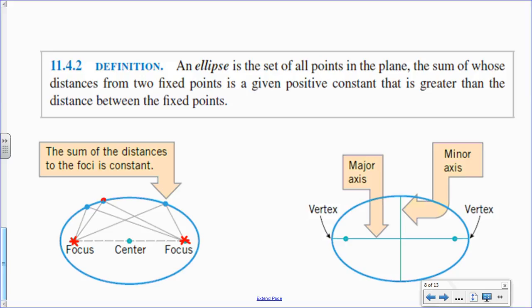So for example, if I look at this point right here, this distance plus this distance, distance 1 plus distance 2, is equal to, let's pick a different point, this distance plus this distance, distance 3 and distance 4. So that's the definition of an ellipse: the sum of the distances to the foci is the same.